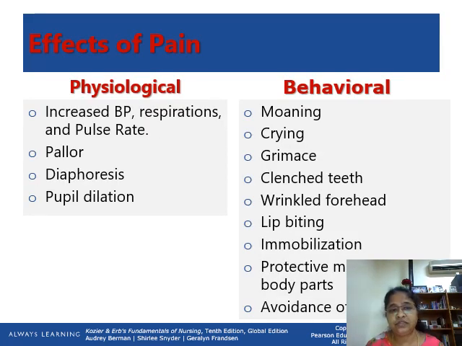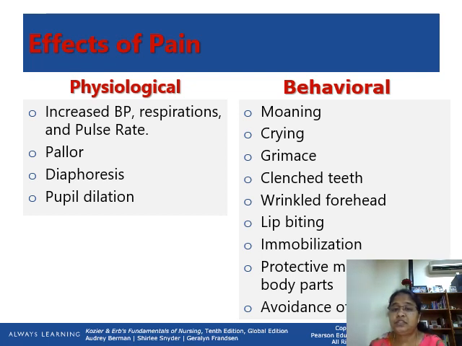What are some of the effects of pain? Pain has physiological effects and behavioral effects. The physiological effects I already told you: it increases BP, respiration, pulse rate, the patient becomes pale, with sweating. Diaphoresis means increased sweating, and pupil dilation can occur.